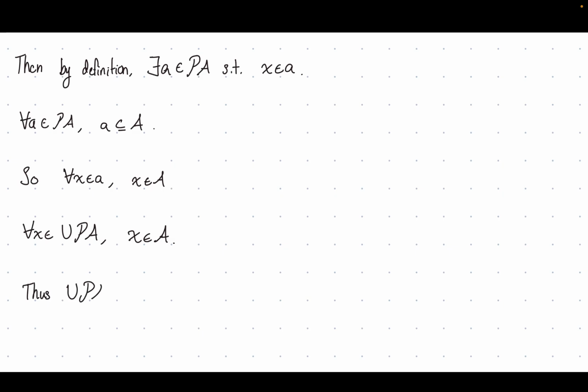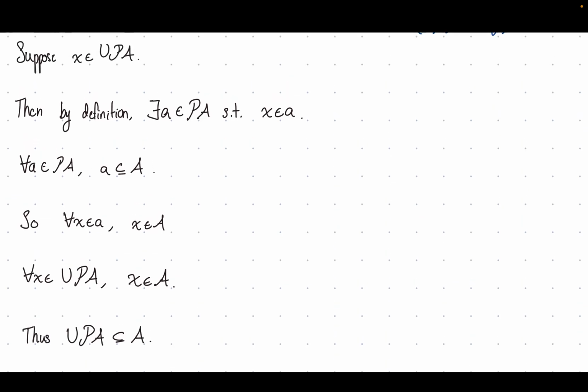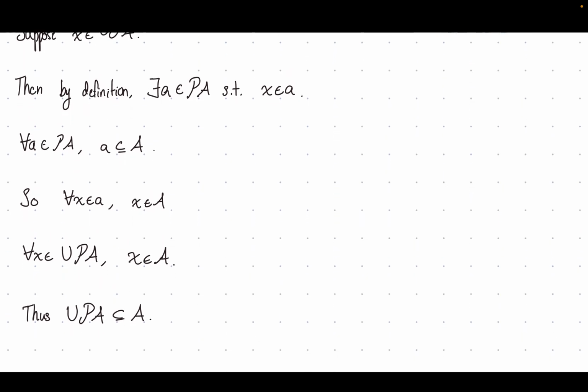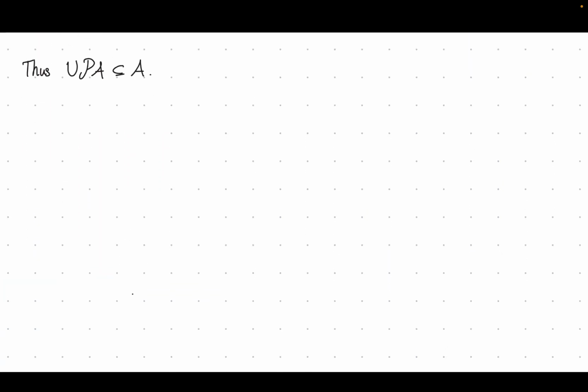Thus, the union of the power set of A must be a subset of A itself. Okay, that was quite nice. It went by pretty quickly.